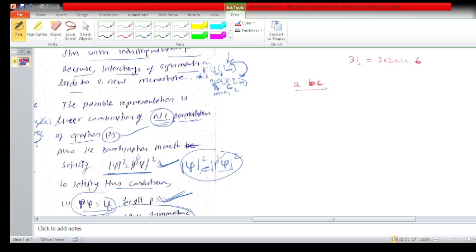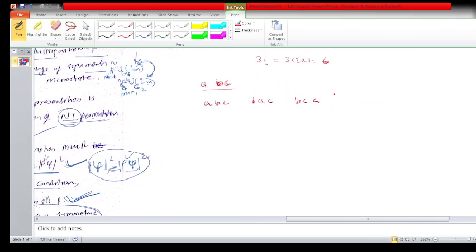So ABC can be represented as ABC, BAC, BCA, then ACB, then CAB, that is also possible, then CBA.